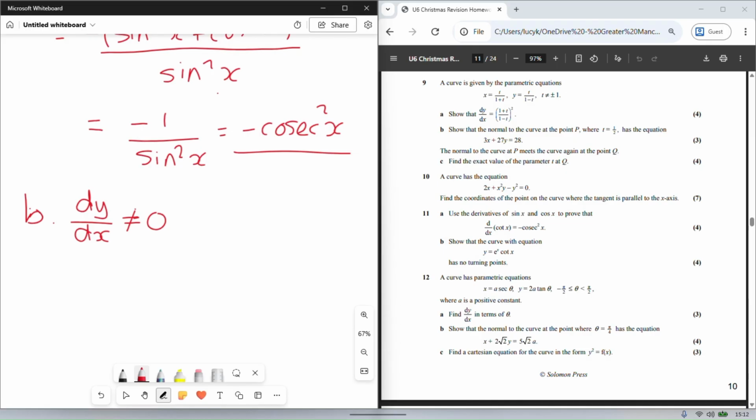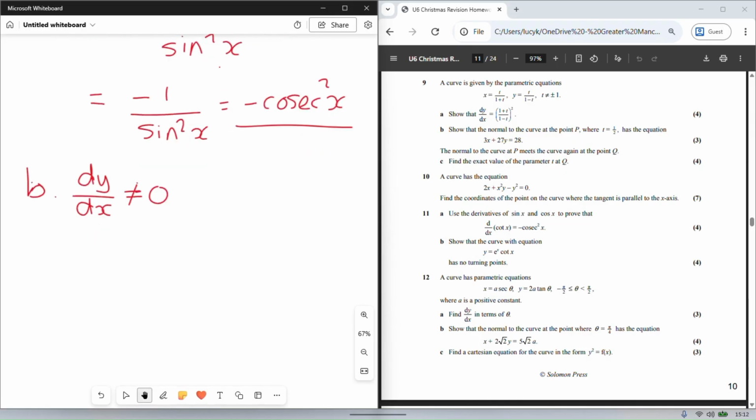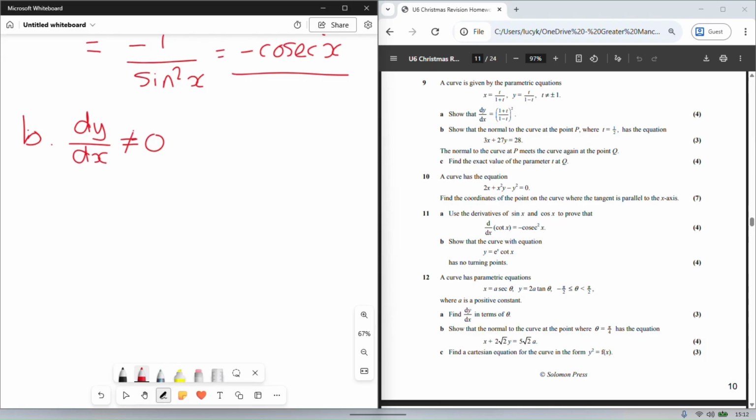So firstly, I need to find what dy by dx is, and for that I'm going to use quotient rule and also look at what I did in part A. So I'm just going to write out our function. It's e to the x cot x. So f of x is e to the x, first derivative is still e to the x.